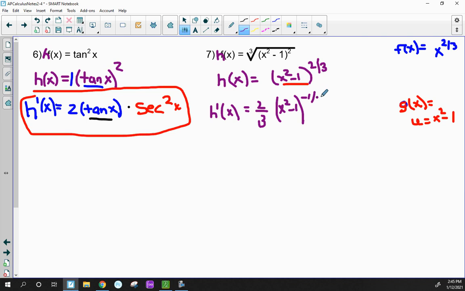That becomes negative 1/3. Multiplied by the derivative of the inside piece. Derivative of x squared is 2x. Derivative of negative 1 is 0.